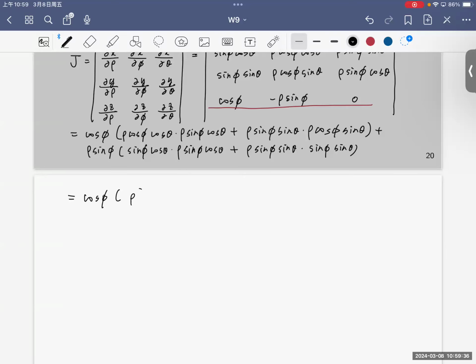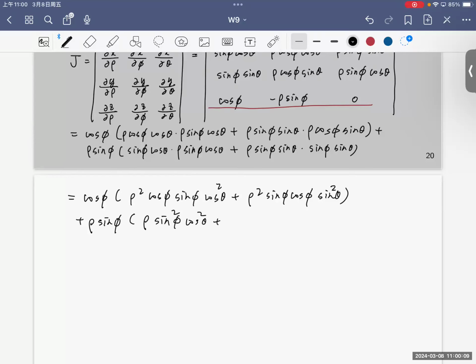Inside this I have rho squared sine phi cosine phi cosine theta squared plus rho squared sine phi cosine phi sine theta squared plus rho sine phi times rho sine phi squared cosine theta squared plus rho times sine phi squared sine theta squared.